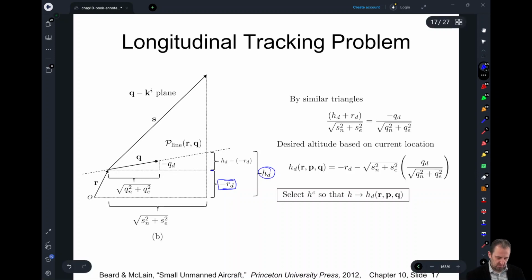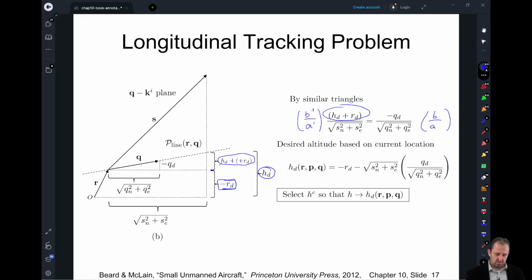And this smaller component was what we get at, so this is now going to be a plus, h_d plus r_d, so that's this guy. This is what we called b prime before, and this is what we called a prime. This is what we called b, and this is what we called a. So using those similar triangles, we can now solve for our desired height.